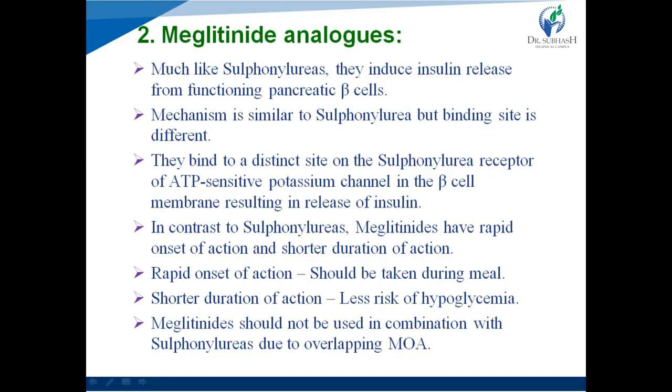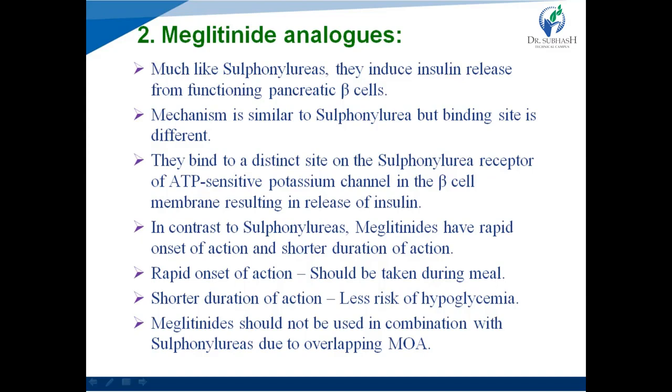The only difference is that meglitinide has a distinct binding site on the sulphonylurea receptor of the ATP sensitive potassium channel in the beta cell membrane, resulting in the release of insulin. The only difference between sulphonylurea and meglitinide analogues is that they have different binding sites on the sulphonylurea receptor. Other than this, all the mechanism of action is similar.